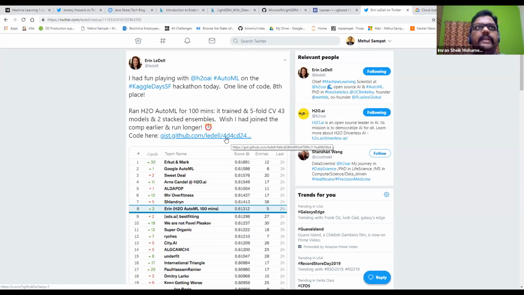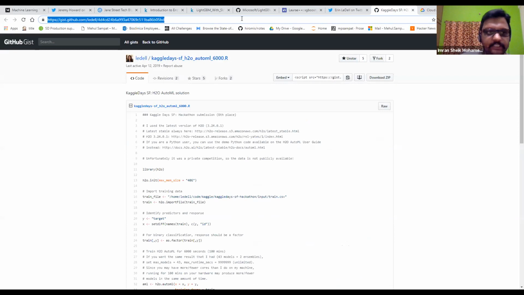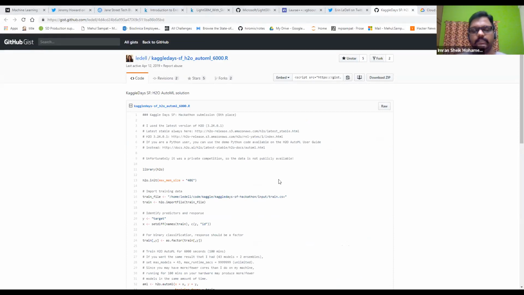Remember in Jeremy's random forest example, in Machine Learning for Coders, the first lesson he said to create as many columns as possible. So essentially, Driverless AI in H2O at least does that as well to enhance the performance on tabular data.